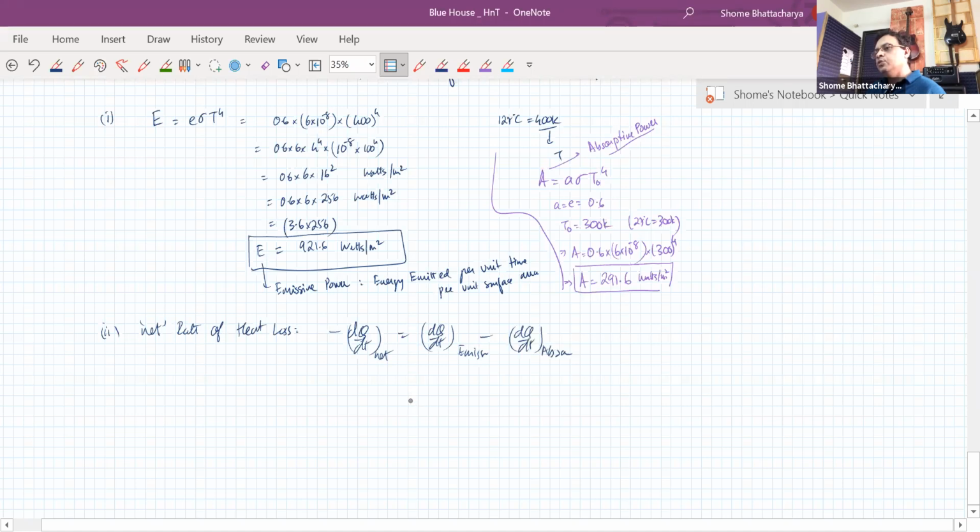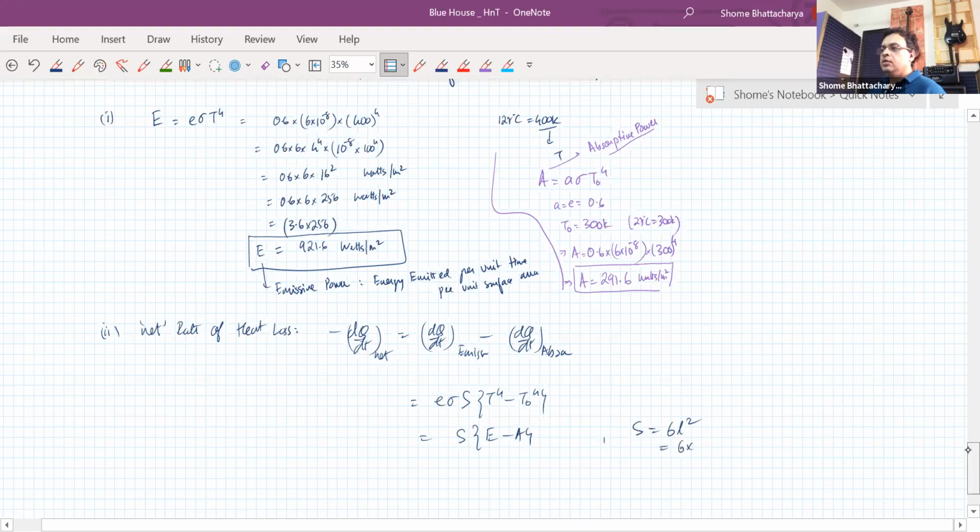By doing all those calculations, you can see it is equal to E into sigma into surface area into T to the power 4 minus T naught raised to the power 4. So basically it is surface area into emissive power minus absorptive power. Now the surface area here will be 6 times L square, 6 faces of the cube.